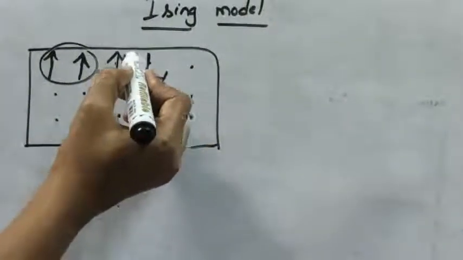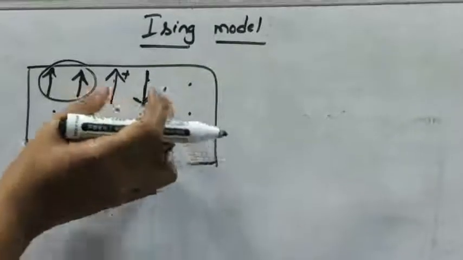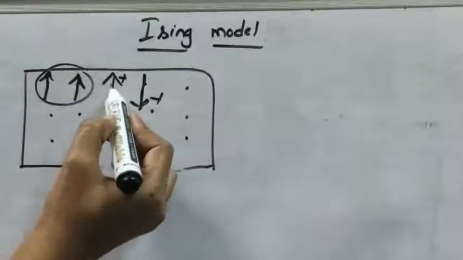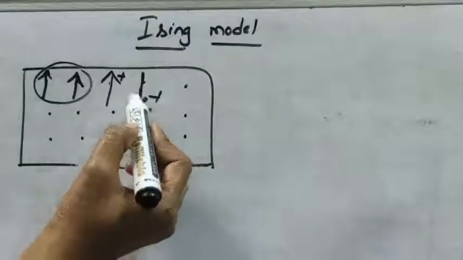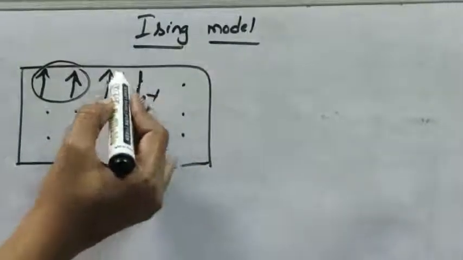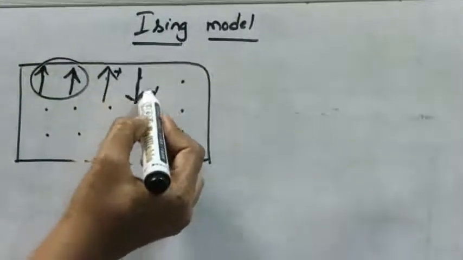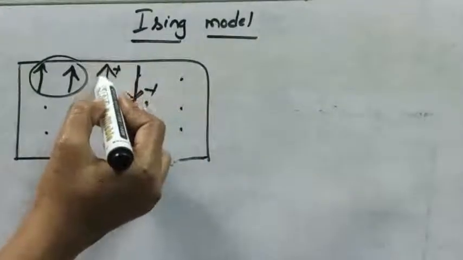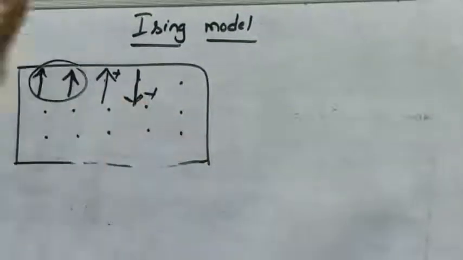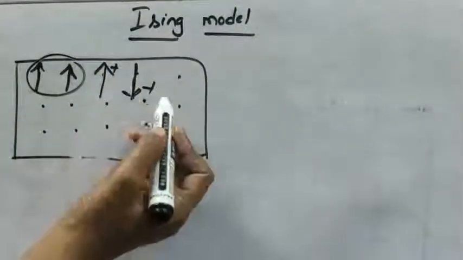So here no energy is contributed by the third and fourth molecules, because one has upside spin and the other has downside spin. Both spins cancel each other and it won't lead to an energy contribution.